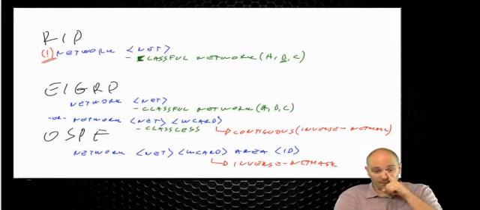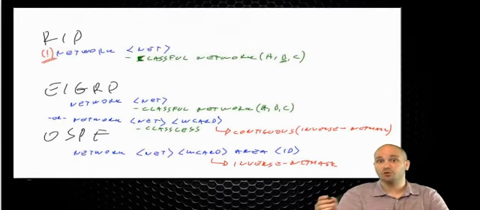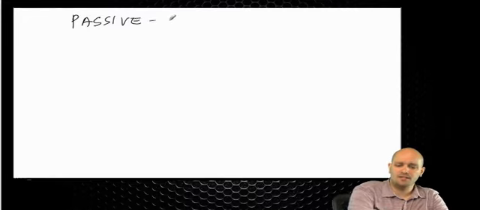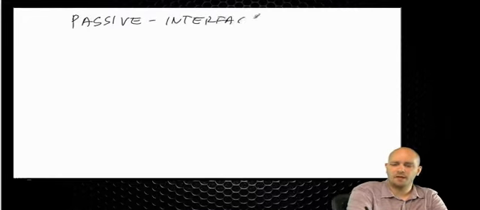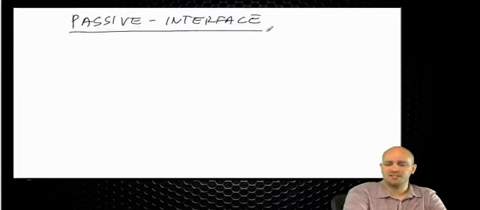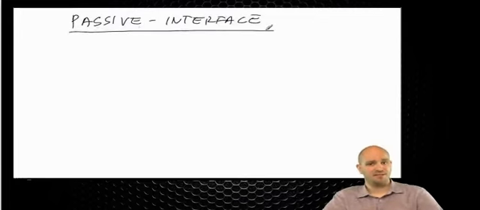Another thing that I want to talk about here when it comes to protocol independent features is a feature that is relatively often used, which is called passive interface. Now, just like with many things that I talked about today, there is somewhat of a misconception about what passive interface does.